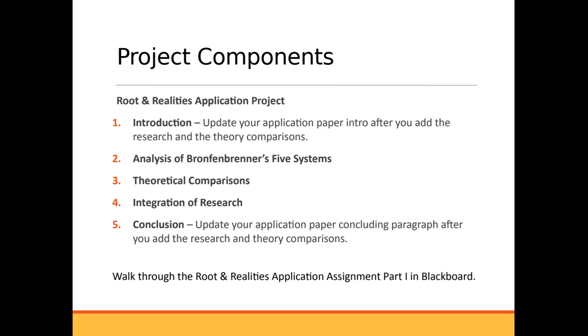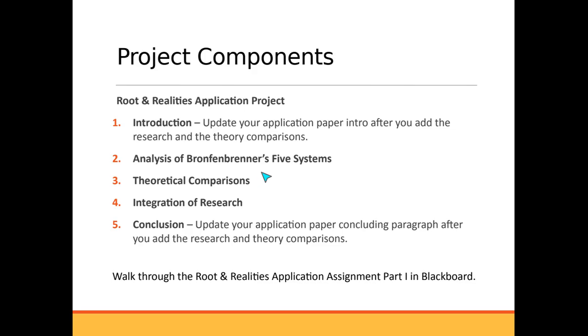The second thing it'll have is the analysis of Bronfenbrenner's 5 systems. You have already done that in your paper. You're going to add what you wrote about the theoretical comparisons. So maybe you compared Bronfenbrenner to Piaget and Erikson, or Erikson and Vygotsky. You'll add what you wrote into your paper.